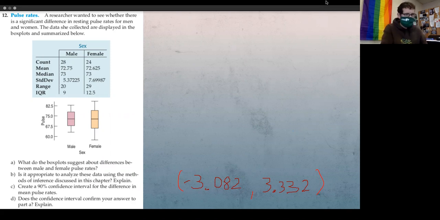On the calculator, remember, we go with a more conservative confidence interval that's going to be a little bit wider. And I want to show you the difference between this and doing the precise degrees of freedom, which is about 40. So that goes from negative 3.025 to 3.2753.